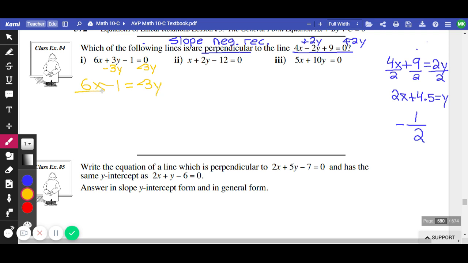Then I need to divide everything by negative 3. When I do that, 6 divided by negative 3 is negative 2x. Negative 1 divided by negative 3, I would just do that as a fraction. That's plus 1 over 3 equals y.